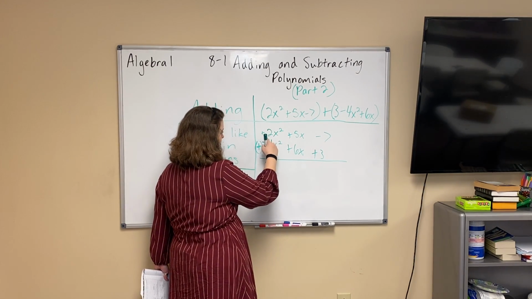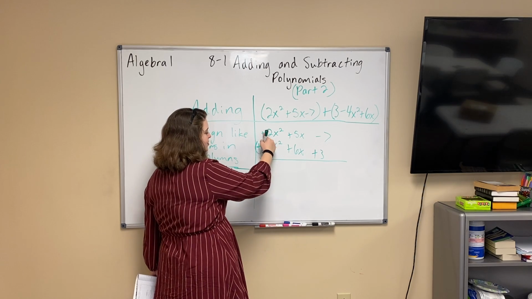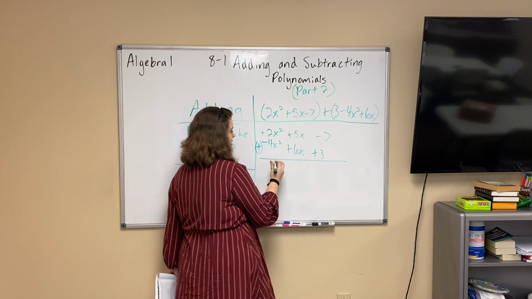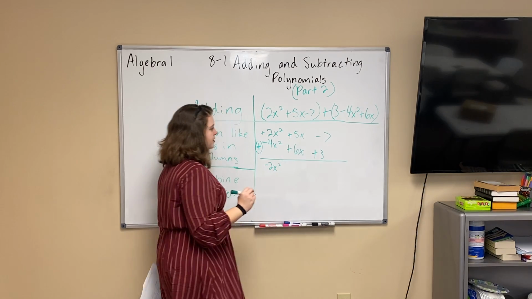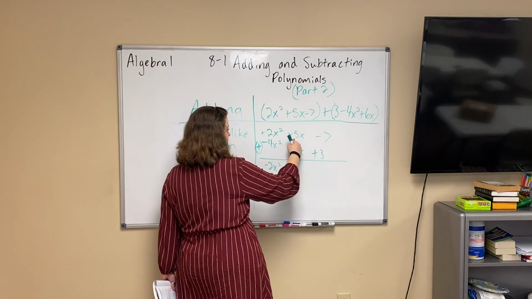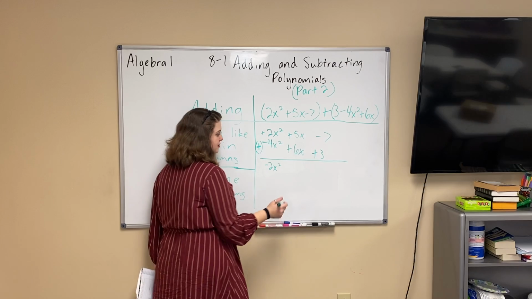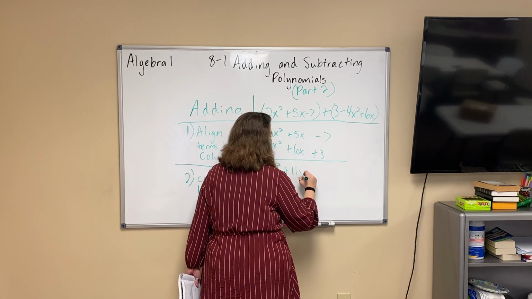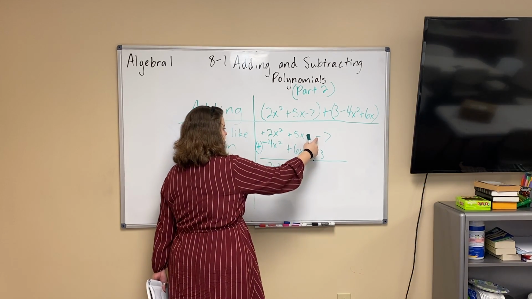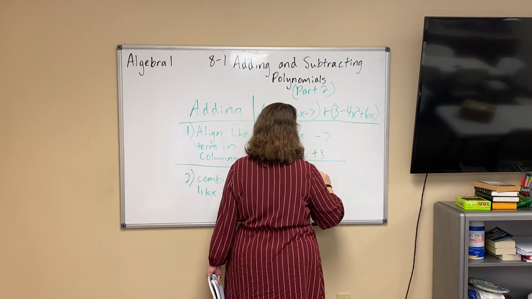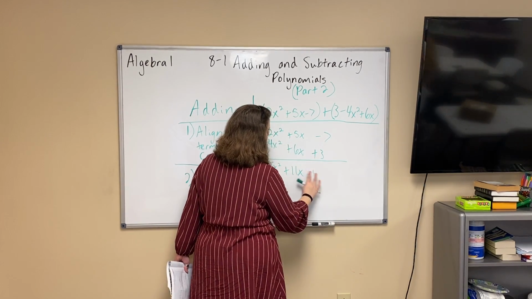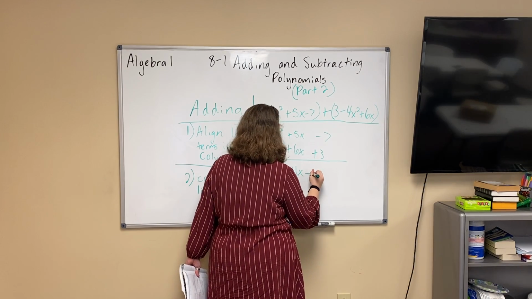Positive 2x^2 minus 4x^2 is going to be negative 2x^2. And then when we have 5x plus 6x, it's going to be 11x. Negative 7 plus 3 is going to be, oops, not positive 4, negative 4.